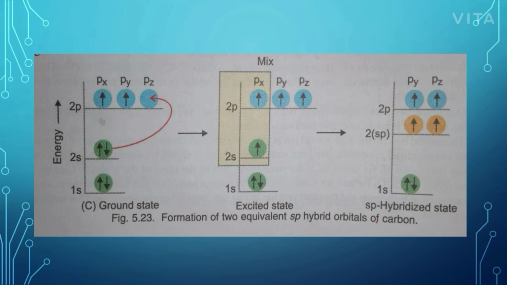In the case of sp hybridization, the two orbitals, 2s and 2px, are mixed with each other to form two equivalent new hybrid orbitals, that is sp hybrid orbitals, and they have lower energy than the unhybridized py and pz orbitals. This is the overall formation of the sp hybrid orbitals of the carbon atom.